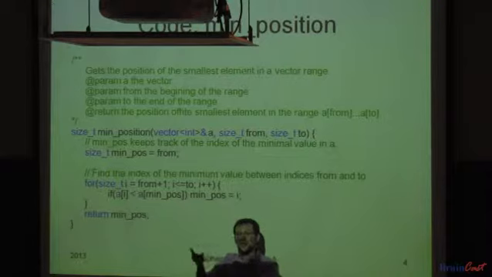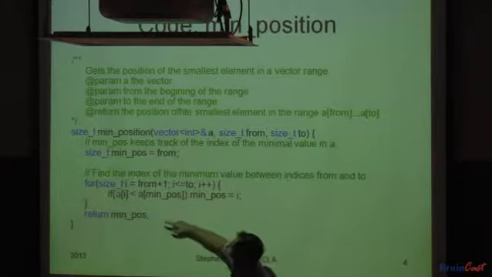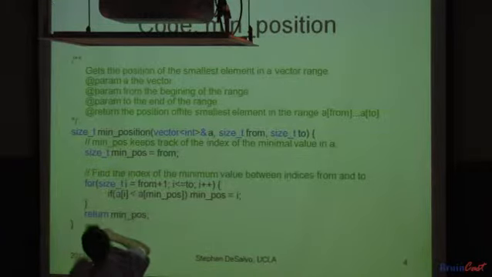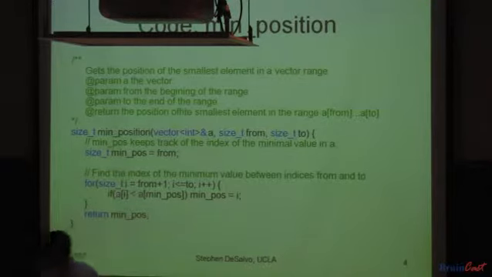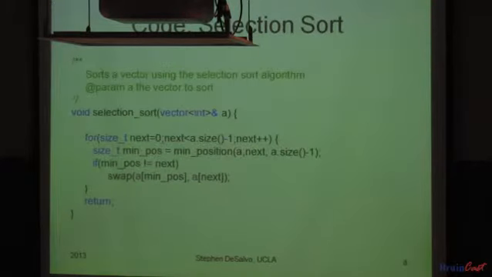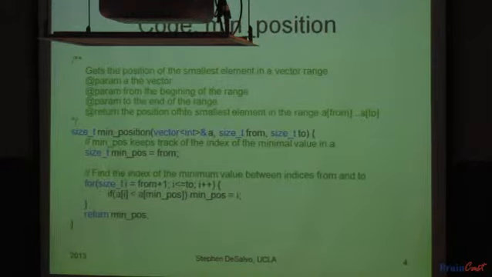You find the min, you swap it into place, you increment the from plus 1. This is just the first part. So this just finds the minimum position for a given input size. And what we do is we put that in a loop.